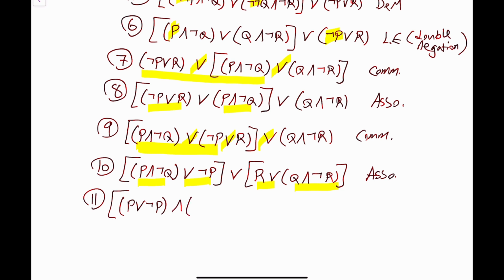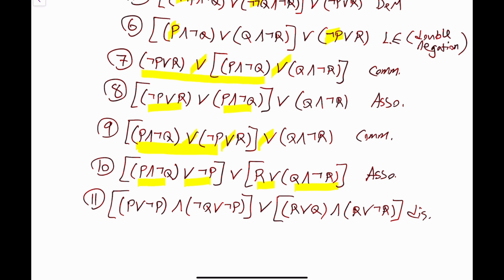And parentheses, not Q or not P. Close parentheses, close brackets. Or brackets, parentheses, R or Q, close parentheses, and parentheses, R or not R. Close parentheses, close brackets. And that is by distribution.